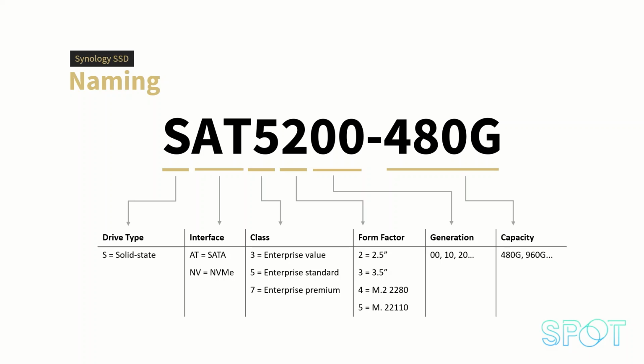Then we have class: 3 for enterprise value, 5 for enterprise standard, and 7 for enterprise premium. Next is the form factor: 2 for 2.5 inch, 3 for 3.5 inch, and 4 and 5 for M.2 variants. Generation is the next one, so 00 for first, 10 second, and so on. And finally it's capacity, so 480, 480 gigabytes.